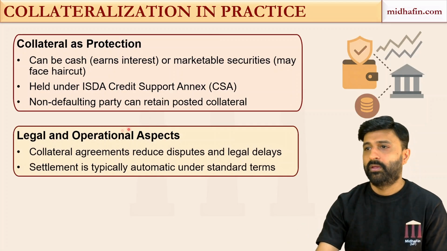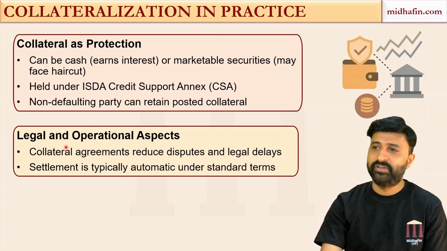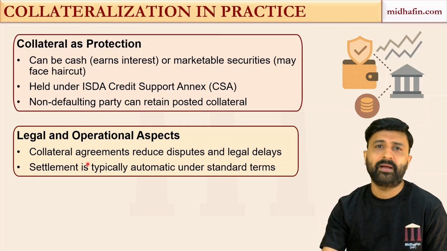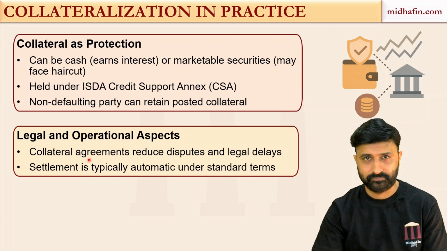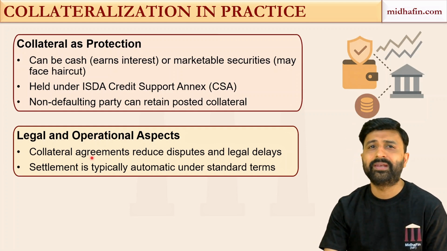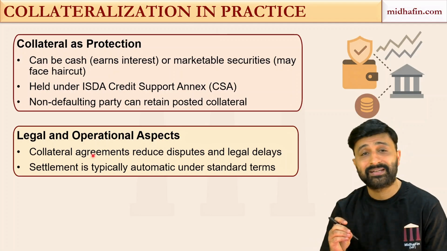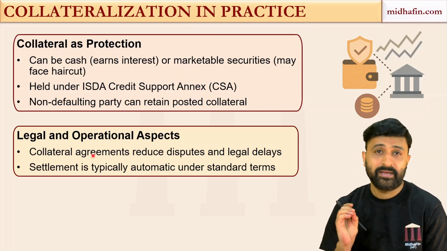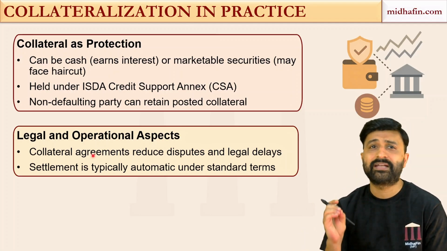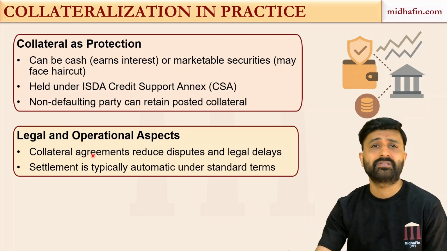In case of default, the non-defaulting party simply keeps the collateral. There's no need to go through a long legal battle. This makes collateralization both efficient and reliable. It cuts down legal delays and ensures that the process is standardized across institutions.